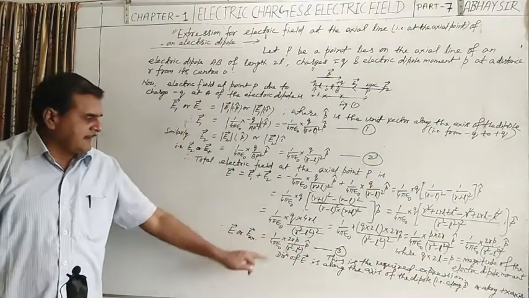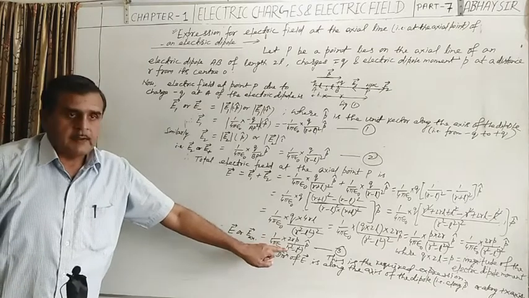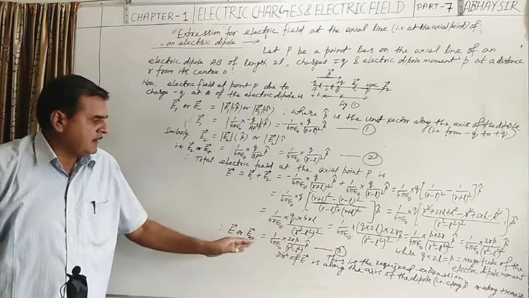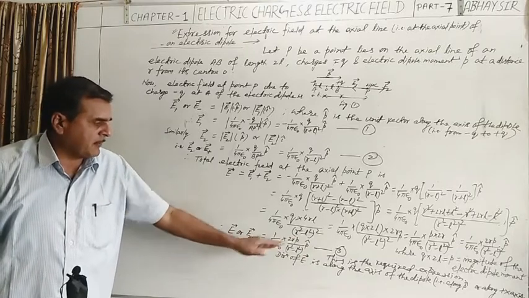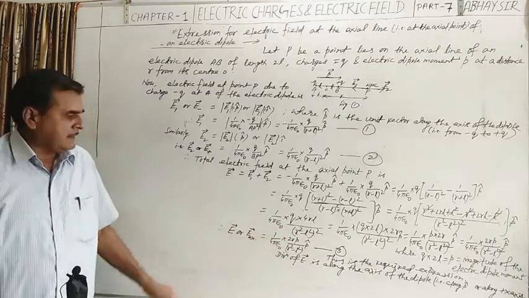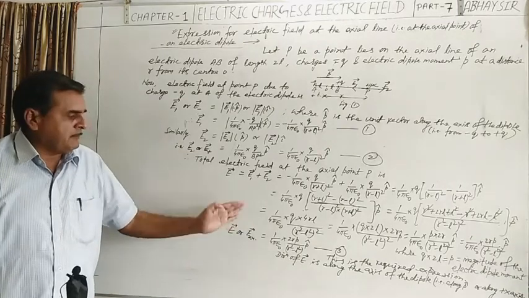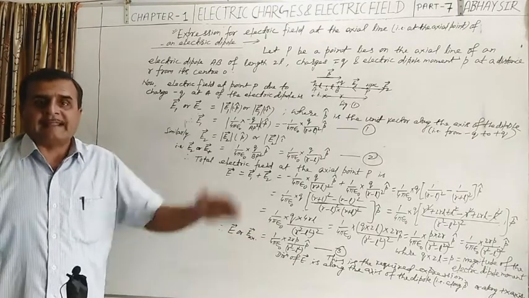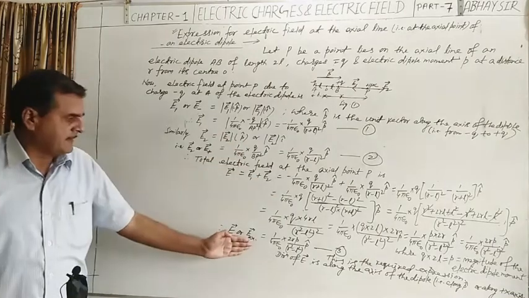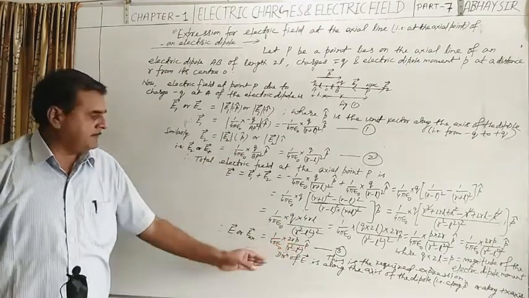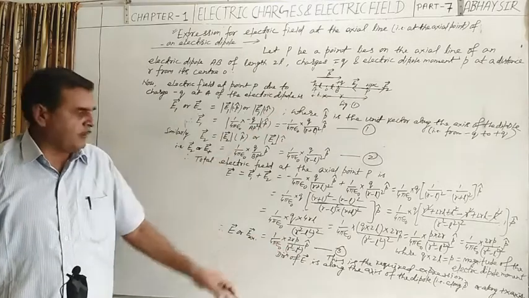In a special case, if r is too much greater than L square, then this equation will reduce to 1 by 4 pi epsilon naught upon P upon r cube. That is, electric field decreases as 1 by r cube rather than 1 by r square. So we can take a special case for a very short electric dipole.